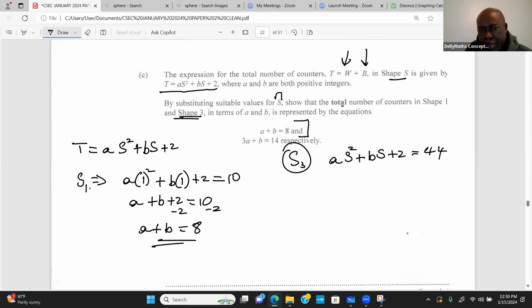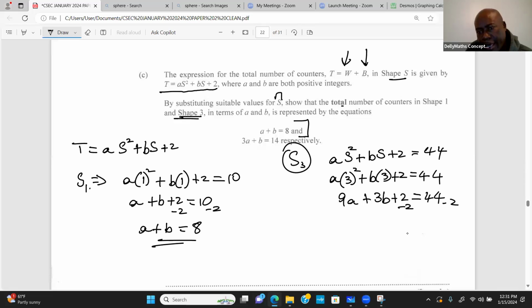Let's substitute 3 where S is. So we're going to have A times 3 squared plus B times 3 plus 2 equal to 44. So 3 squared is 9. So this is 9A plus 3B plus 2 is equal to 44. I'm going to subtract the 2 from both sides, simplify this, and 9A plus 3B is equal to 42.